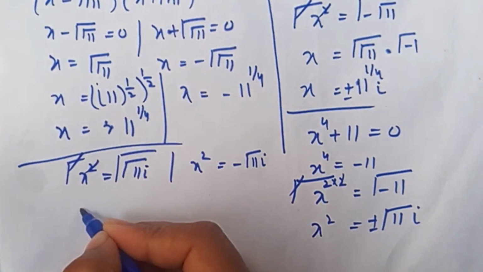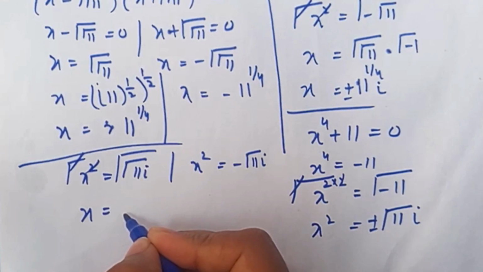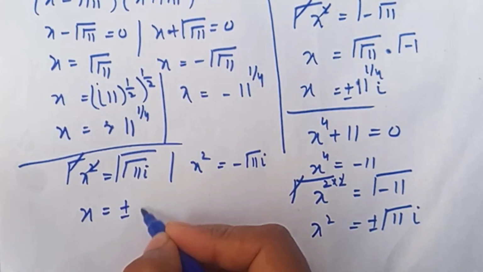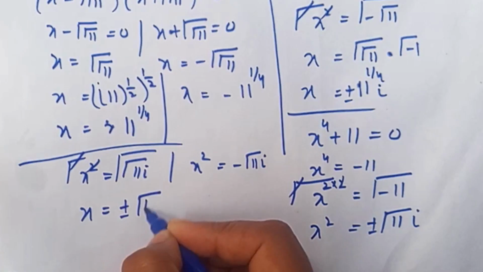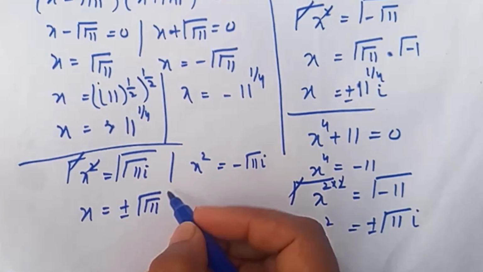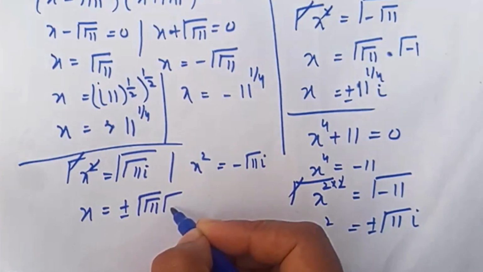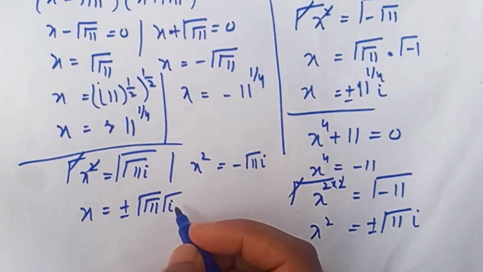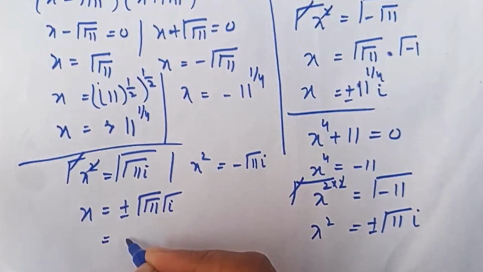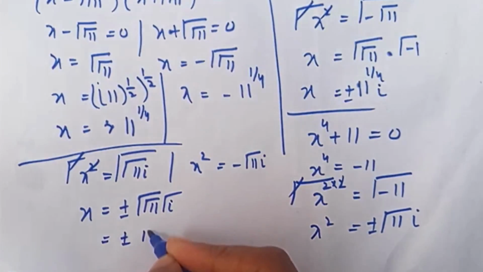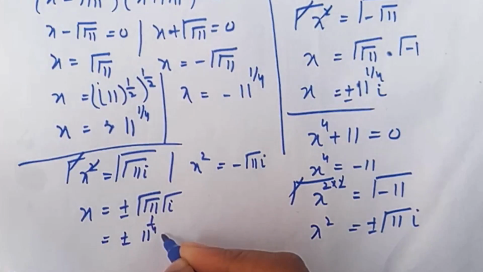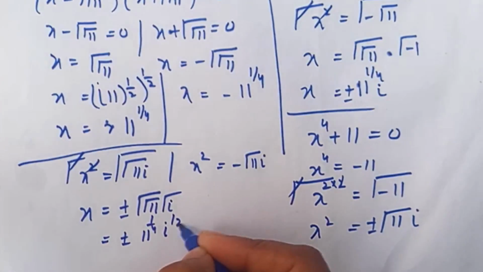So this will cancel, we just get x is equal to plus minus square root 11 and square root iota. So we write this as plus minus 11 raised to the power 1 over 4 and iota raised to the power 1 over 2.